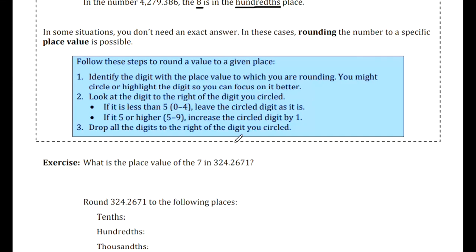Then we look at the digit to the right of the digit we circled. If that digit is less than 5, we leave the circled digit as it is. If the digit to the right of our circled digit is 5 or more, then we increase the circled digit by 1. Then we drop off all the digits to the right of the one we circled.